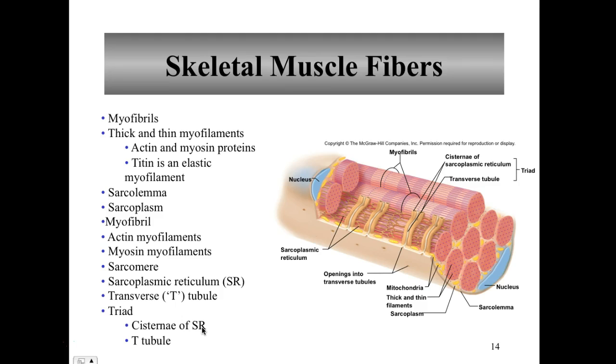In addition to that, you have the structures that form a triad near a region where the actin and myosin overlap. The sarcoplasmic reticulum and the transverse tubules are involved in the process of activating muscle contraction, and we'll look at that mechanism a little bit. Because one transverse tubule is associated with two sarcoplasmic reticulums, that's where we get that triad term from.